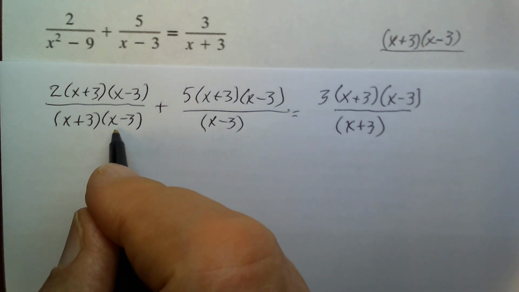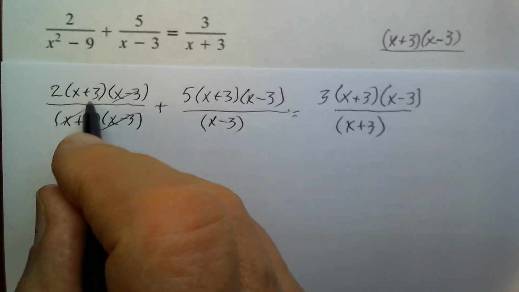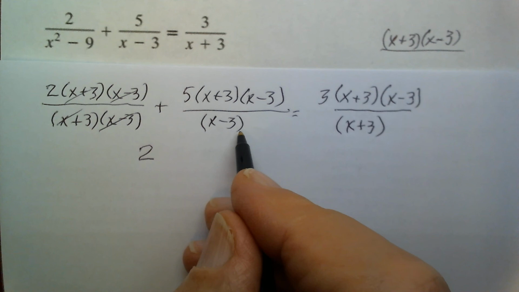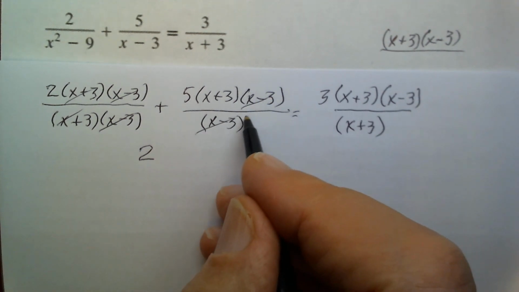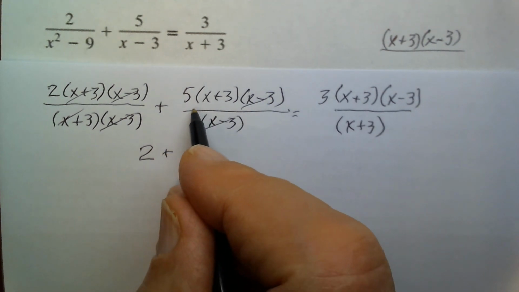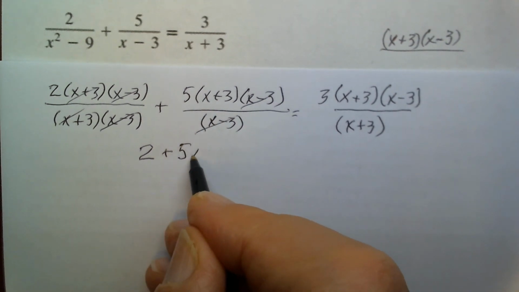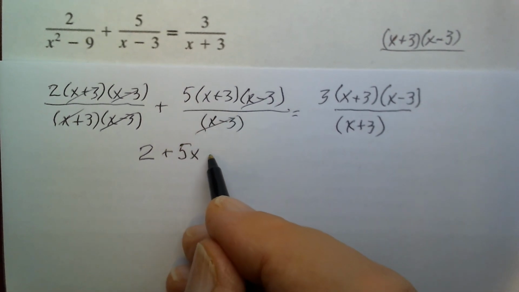So now we're going to cancel the denominators. So we have a 2. And here we cancel the x minus 3. And then we have 5 times x plus 3, which is 5x, and plus 5 times 3 is 15.